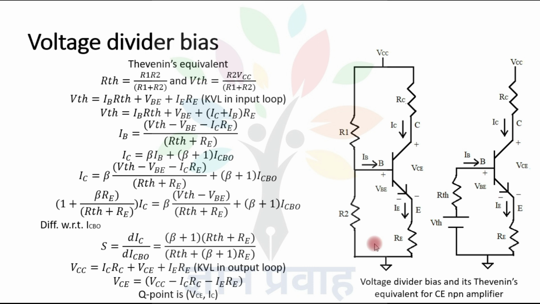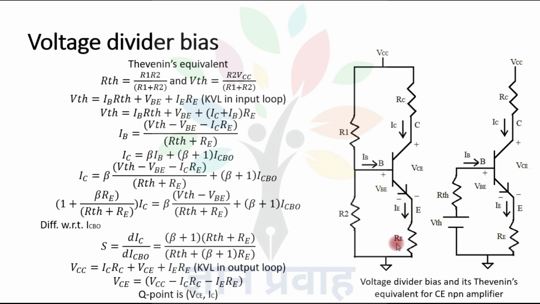Thevenin equivalent model is related to network theorems. Here we have to calculate two important parameters of the Thevenin equivalent model: RTH, the Thevenin equivalent resistance value, and VTH, the Thevenin equivalent voltage value. In the Thevenin equivalent model, the voltage source is connected in series with the Thevenin equivalent resistance.